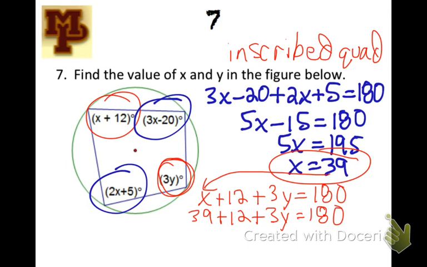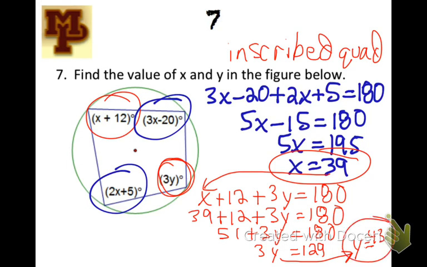And then this would be 51 plus 3y is equal to 180. 3y equals, and then we would subtract 51 from each side. So that would be 129. And I'm running out of room because I don't want to pinch and squeeze this thing because it stops writing. So 129 divided by 3 would be 43.